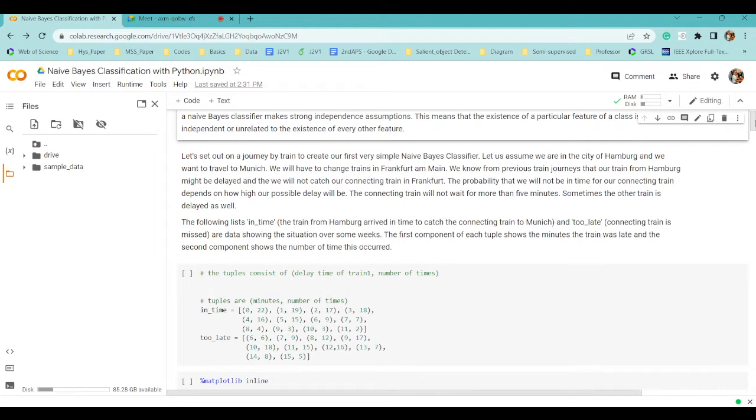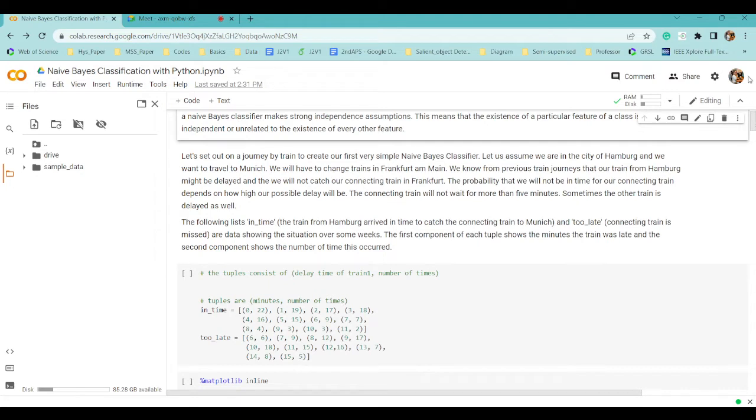Suppose you are traveling from Hamburg to Munich via Frankfurt. So your connecting train is via Frankfurt. Your Frankfurt train is already on time, so you have to take a Hamburg train to Frankfurt so that it reaches on time to catch your other train from Frankfurt to Munich. Okay, this is our example.